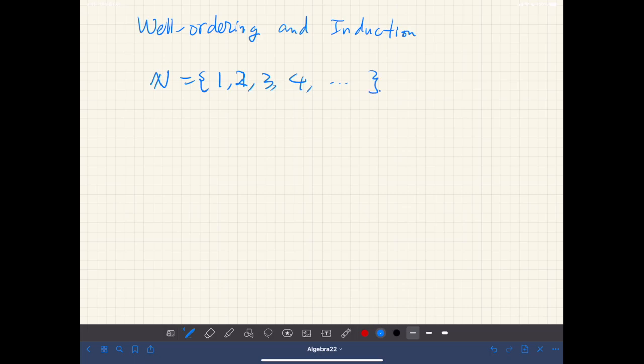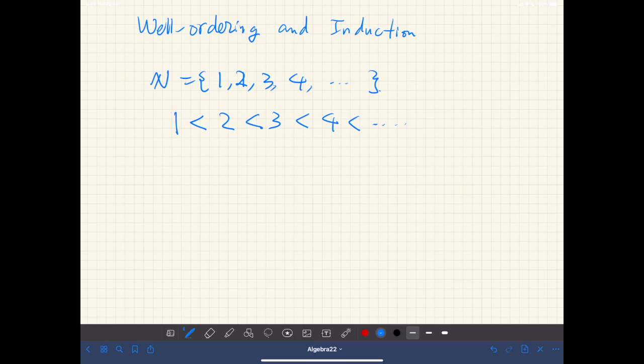And the cardinality of this set is of course infinity, but one important thing about this set is that the elements are linearly ordered. In the usual sense, we have 1, which is less than 2, which is less than 3, which is less than 4, and so on. So we have this linear order among the elements of the set of natural numbers.